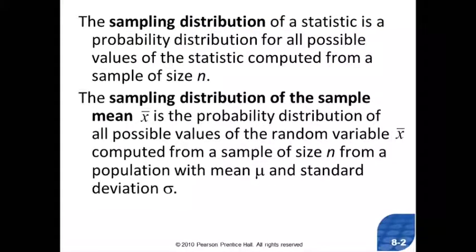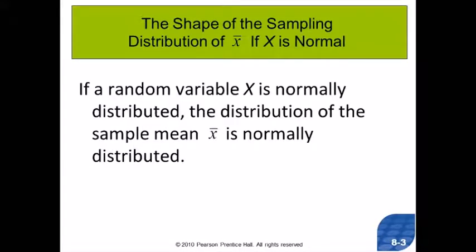So this is just a review of what we had last time. This is the first description of the sampling distribution of the sample mean. If the random variable x is normal, definitely the sampling distribution will also be normal.